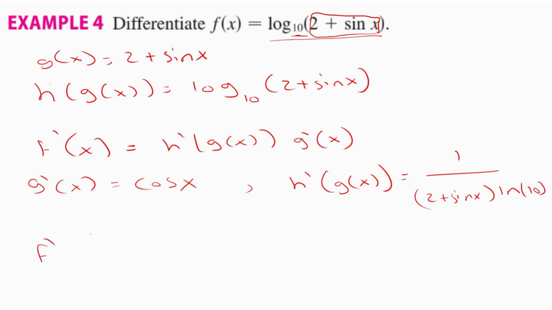So f prime of x is going to be cosine of x multiplied by 1 over 2 plus sine x multiplied by ln of 10.